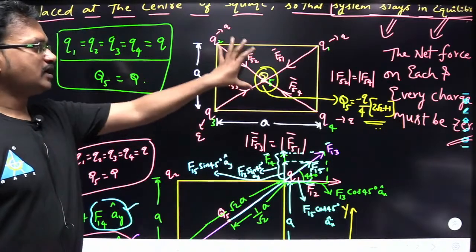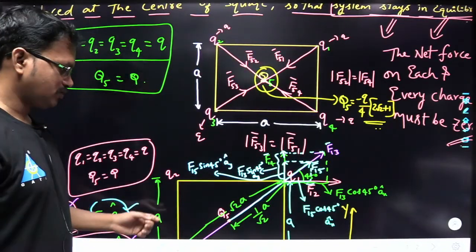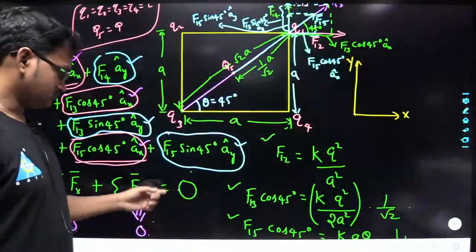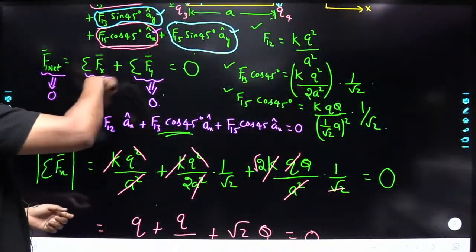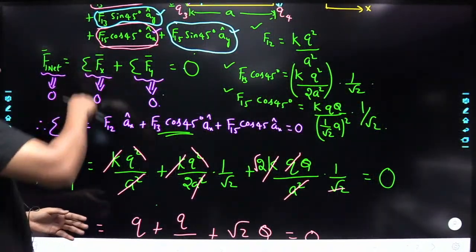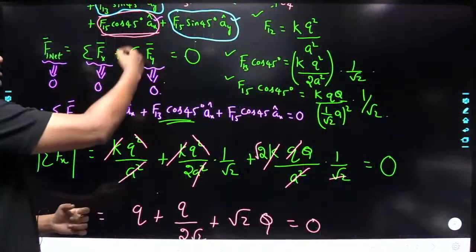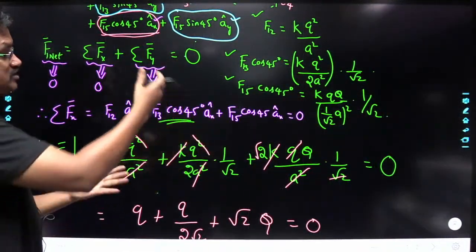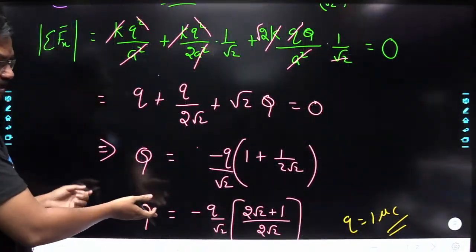Understood? So that the net force on all the charges will become equal to 0. Yes or no? See here, I have made the summation of all the x components equal to 0, then I got Q value. If you want, you can make the summation of all y components equal to 0, then also you are going to get the same Q value.